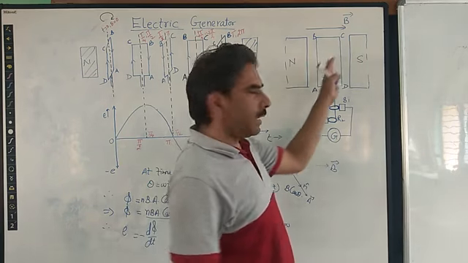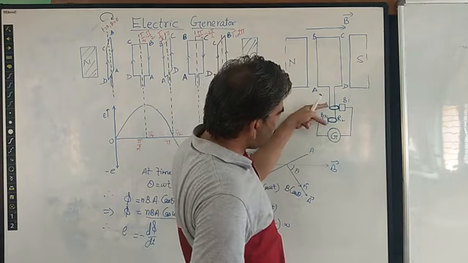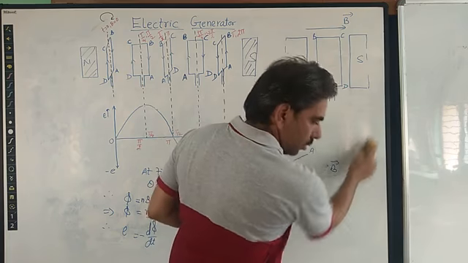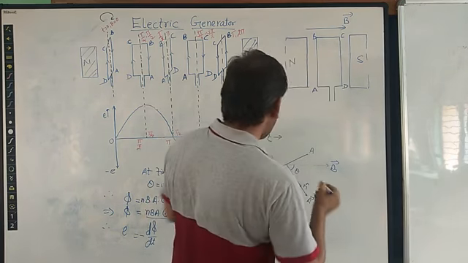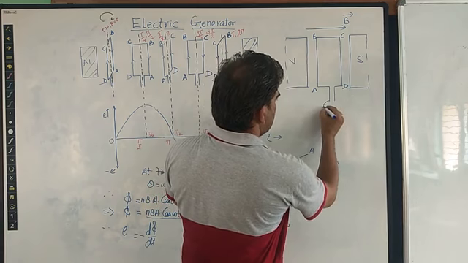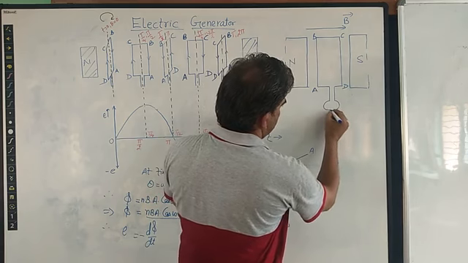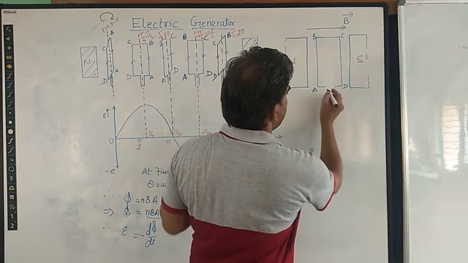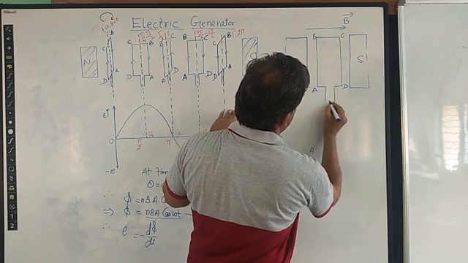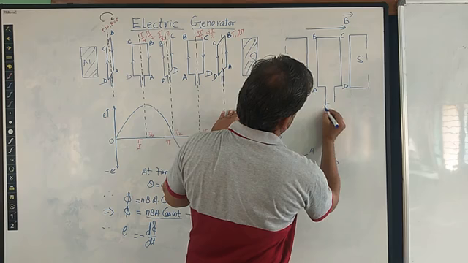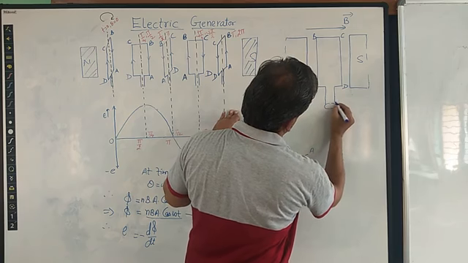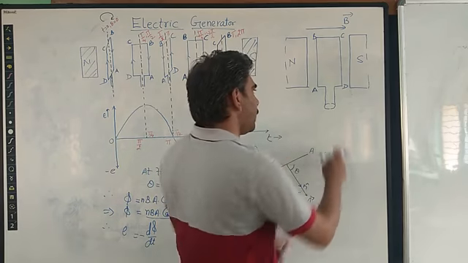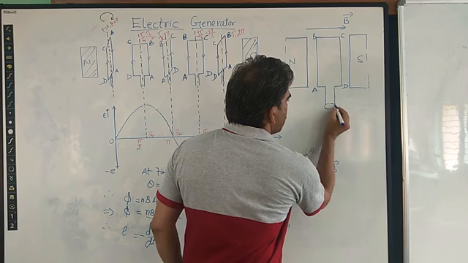So for having a DC generator, in place of two complete rings, we make use of two split rings, just as this. The two ends of the armature coil are connected to the two half rings.